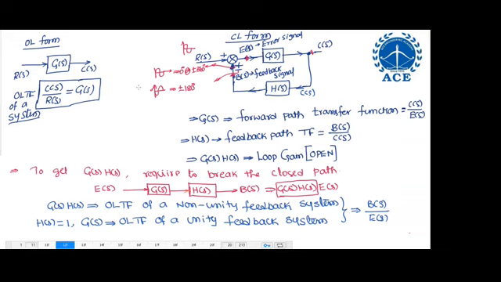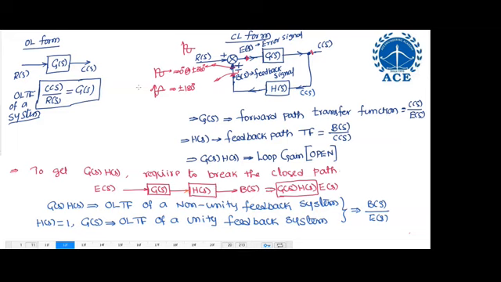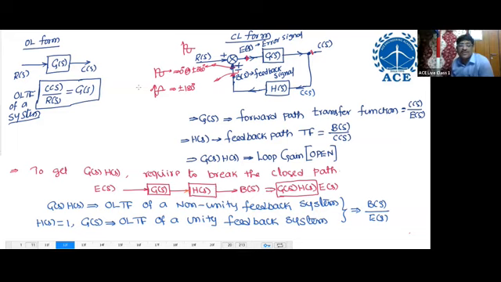Energy stored in the capacitor and inductor should be made 0. You should not consider that. For example, if they give the voltage across the capacitor as 5 volts, that is already a charge. That should be considered as 0.